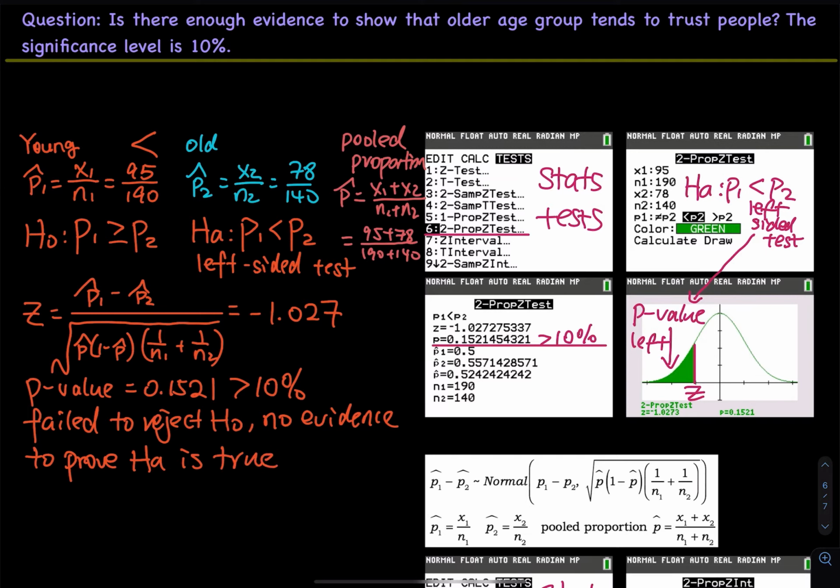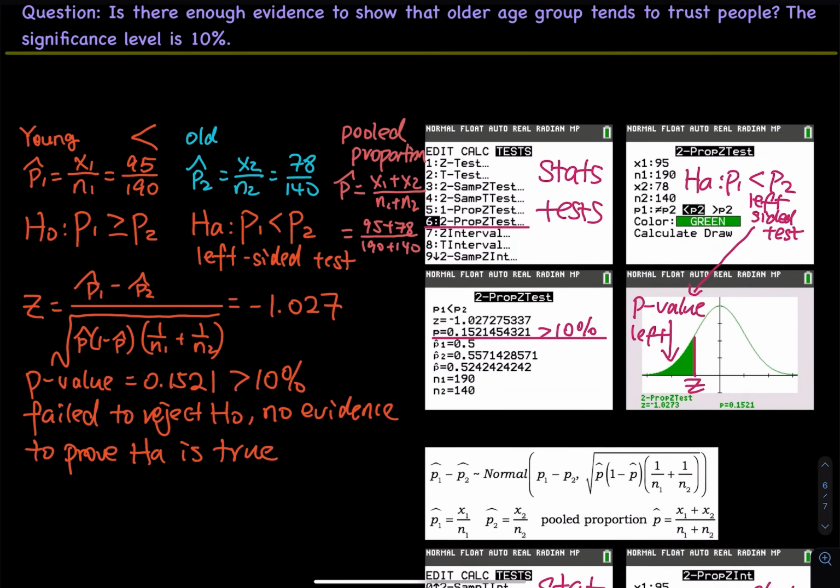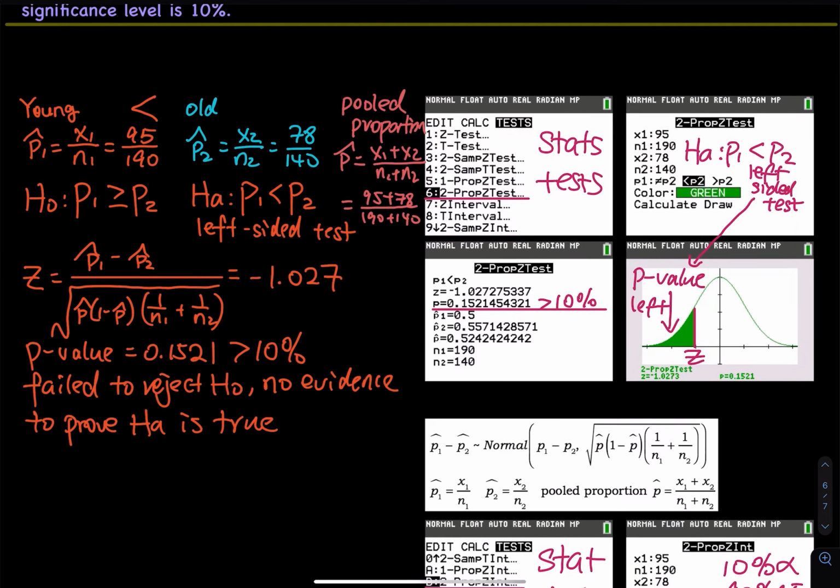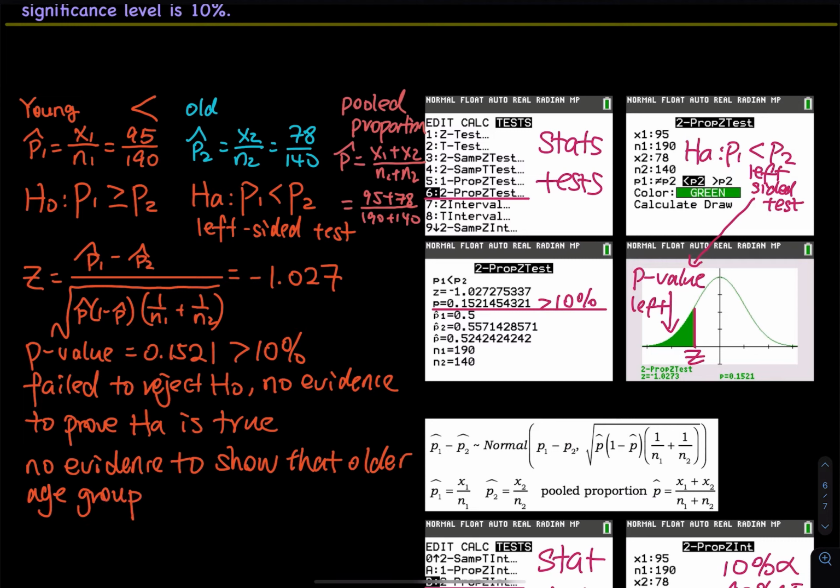We are still stuck at H0, and then H0 remains suspicious. So what does that mean? We do not have evidence to show that the older age group tends to trust people.